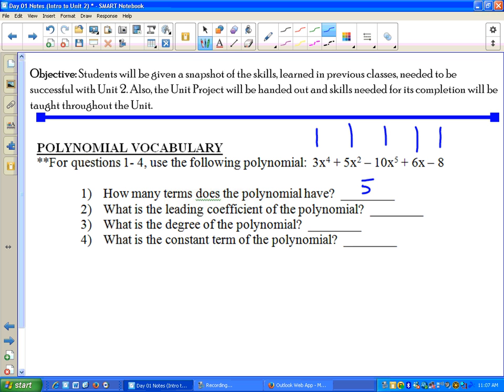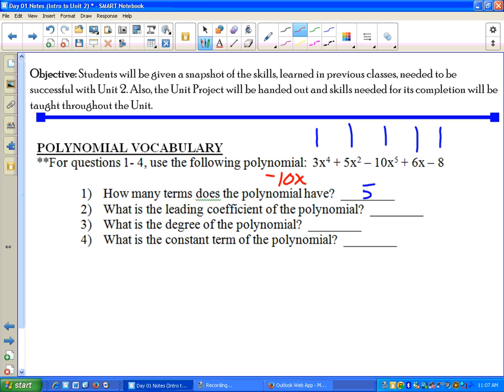Now, usually when we write a polynomial, we put it in standard form. Is this in standard form? No. Standard form means my exponents go down in degree from highest to smallest. So if I was going to rewrite this, what would I start with?